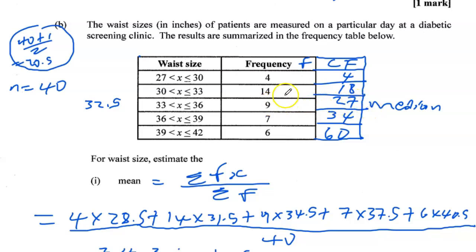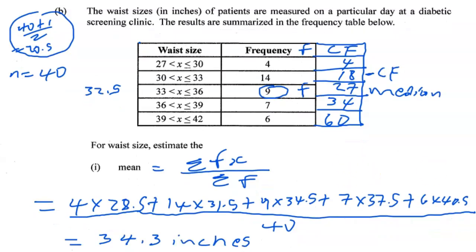The CF we're using here is 18. That's the CF immediately before the median row. So the CF is 18 and F is 9. F is the frequency in the median row, which is 9, but the CF is the cumulative frequency preceding the median row, which is 18, sorry. So F is 9 and CF is 18.